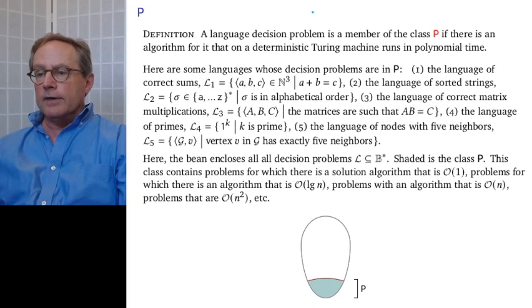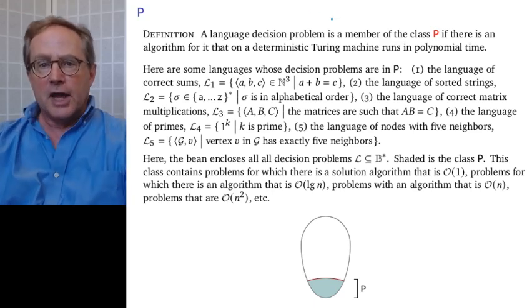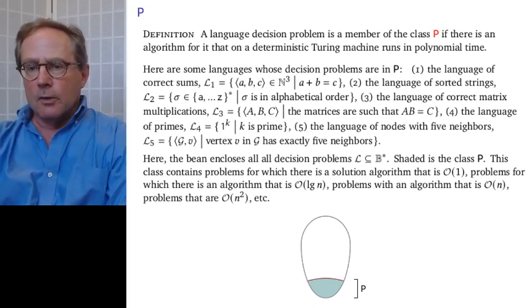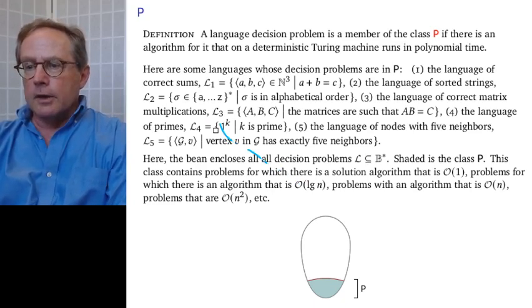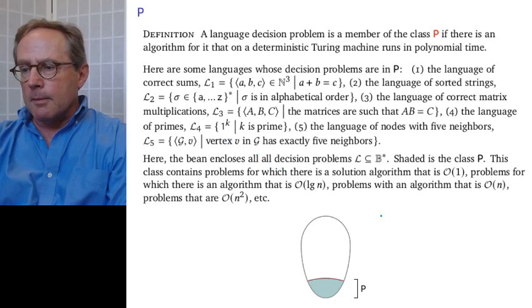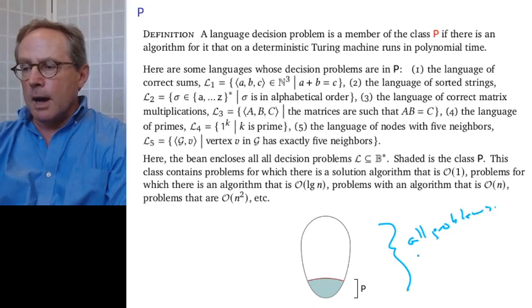Okay, so what we have here is some vague picture trying to show what's going on. I have a blob. In this blob are all problems, where a problem is a set of bit strings.